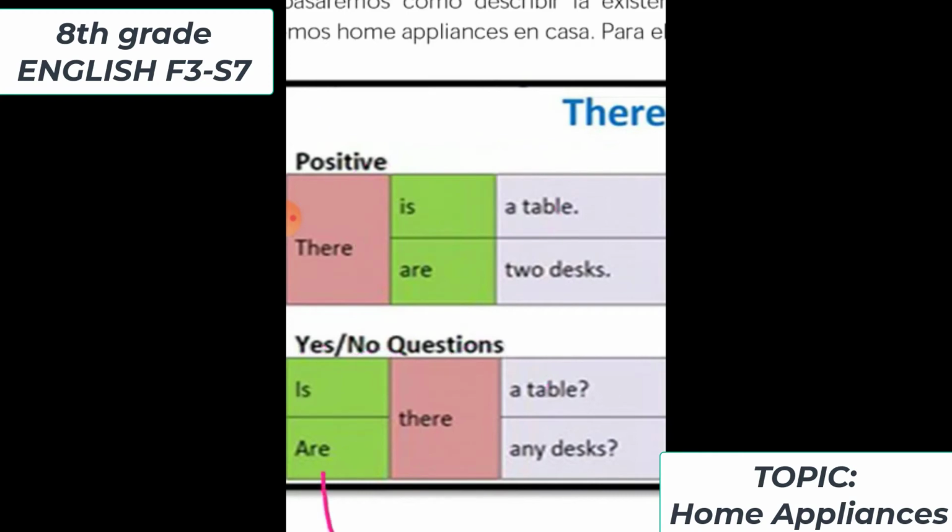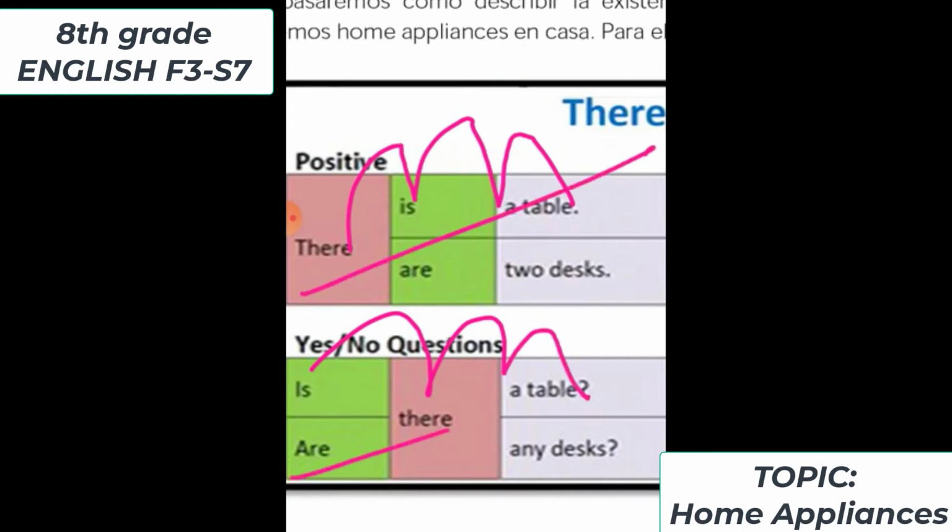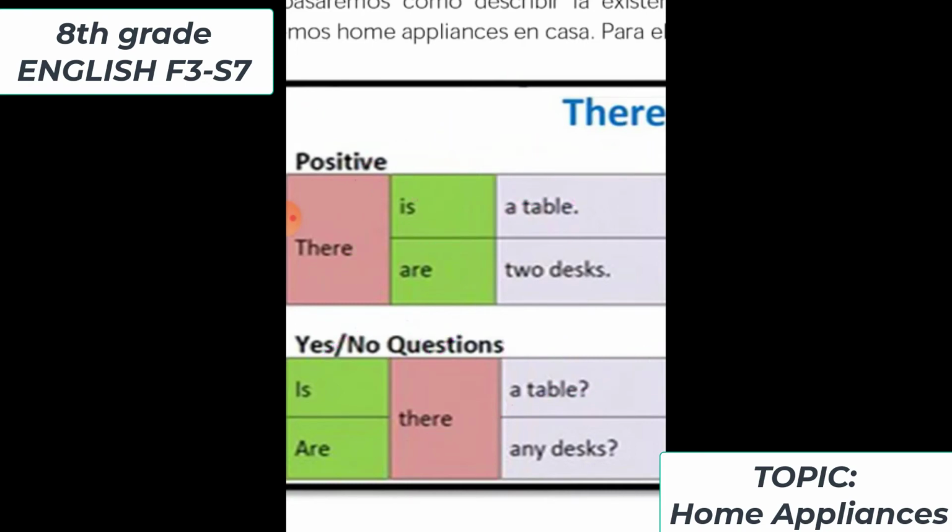Are there any desks in your house? Yes, there are 2 desks. Once again, question, pregunta: is there a table?